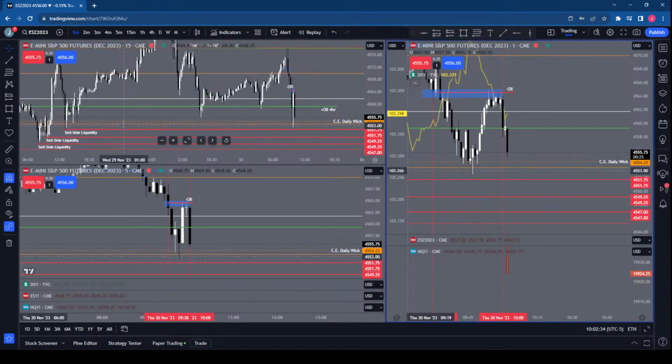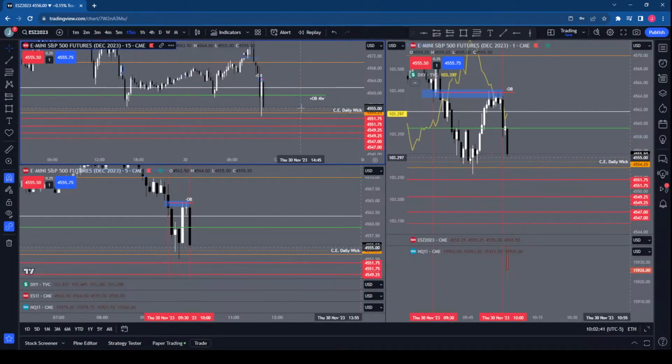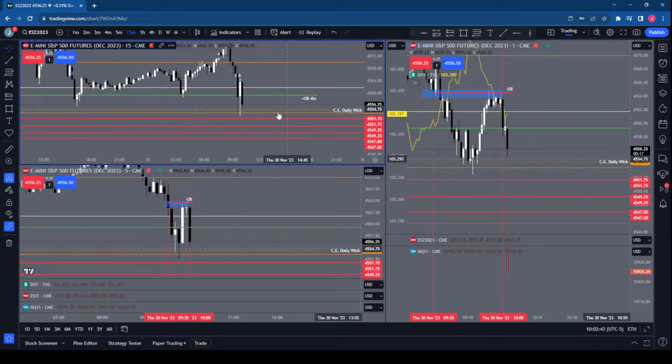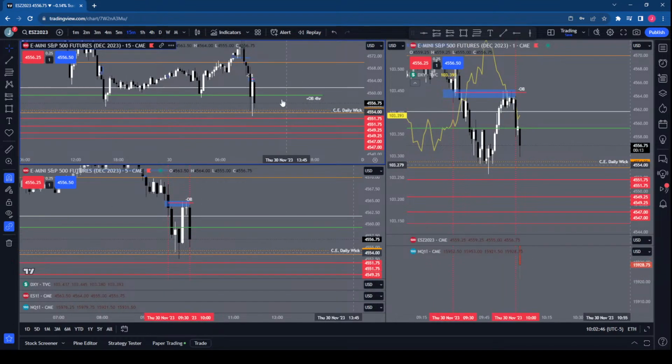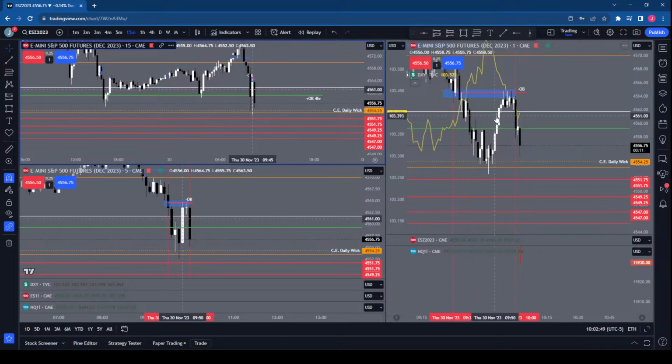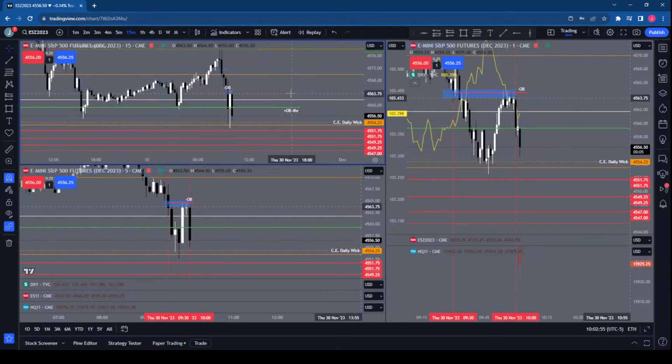Remember, all these sell side levels on the hourly are also there on the 15-minute. And again, this white line is the middle of our consolidation range. It's probably the lowest probability trade in terms of a consolidation.